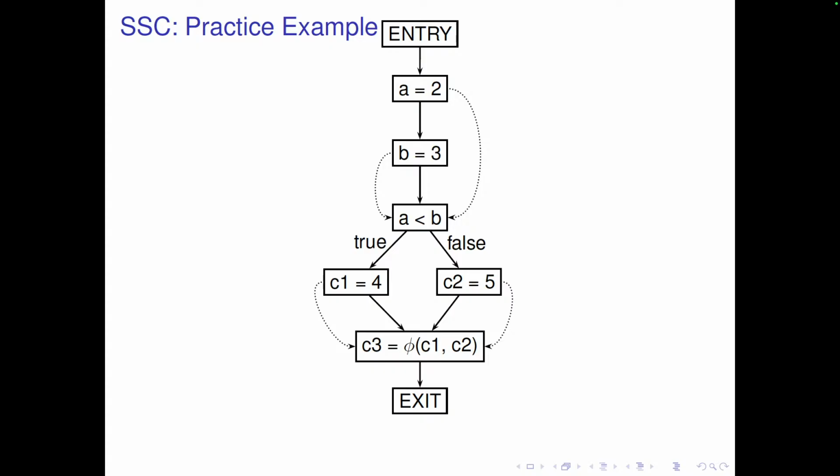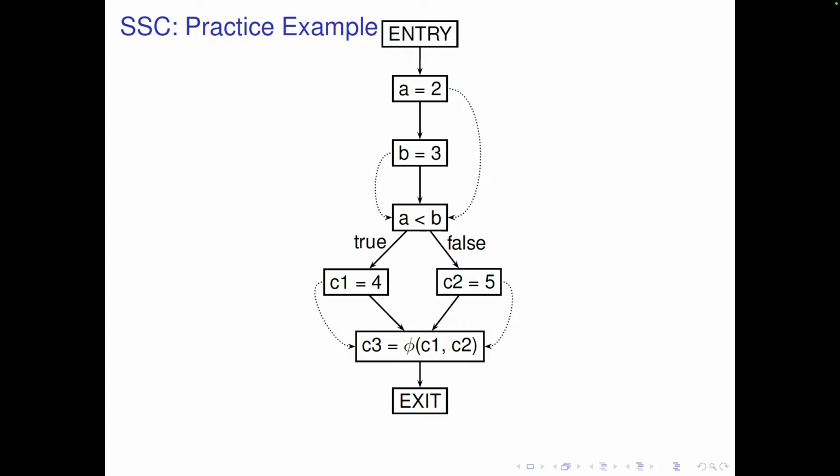The value of C3 becomes 4 meet top, which becomes 4. Note that we are discovering C3 as a constant 4 at this point, which is a wrong thing in the long run. But we are still not saying we are done. We still keep, work list is still not empty. Work list we have handled E1, we have handled E2, we are currently handling E3. So it's out of the work list.